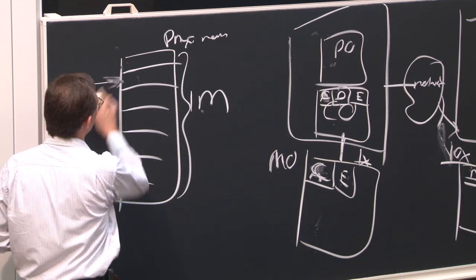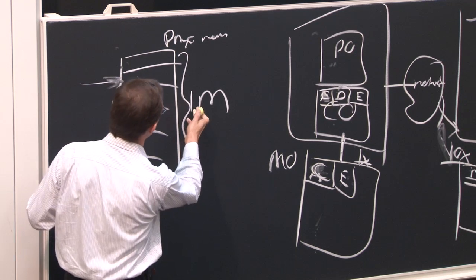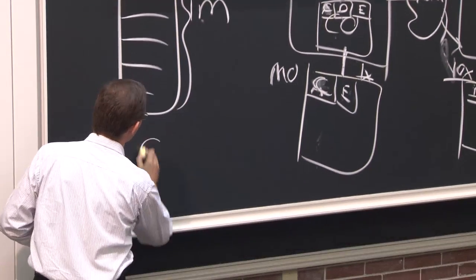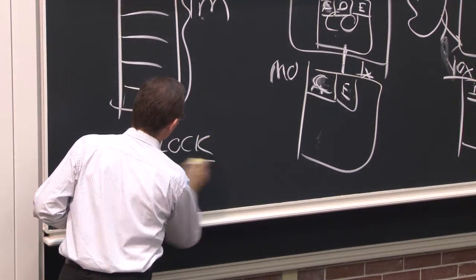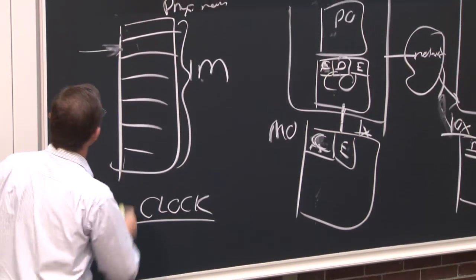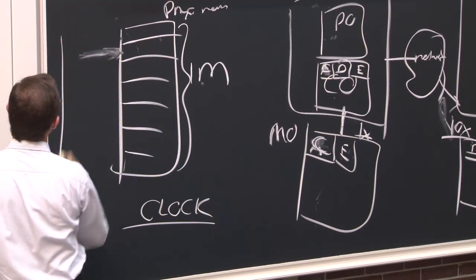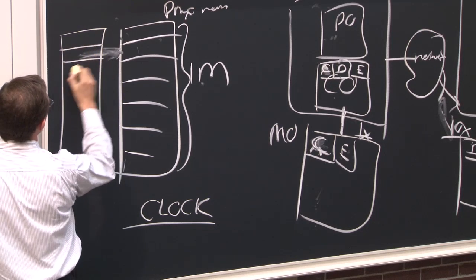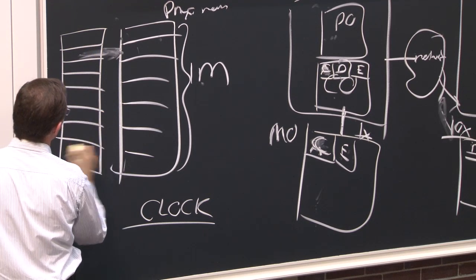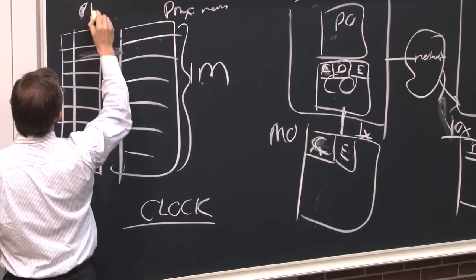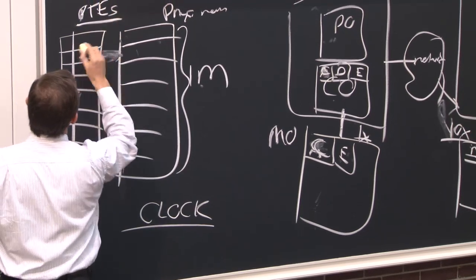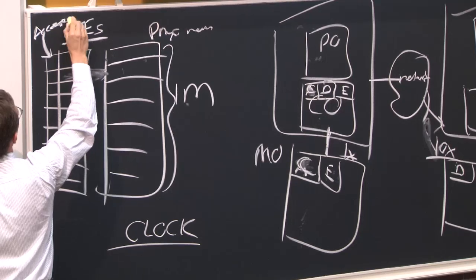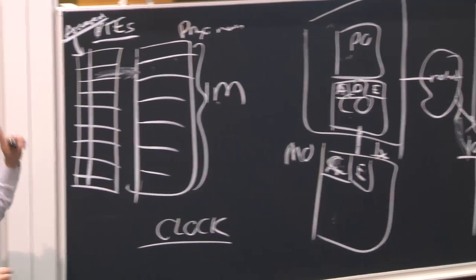But the idea is, one way of doing page replacement, one popular algorithm, is the clock algorithm. And the idea is, in the page table, for each entry in the physical memory, for each page, you keep a bit. These are the page table entries. And this bit is the accessed bit, or recently accessed bit, 1 bit.